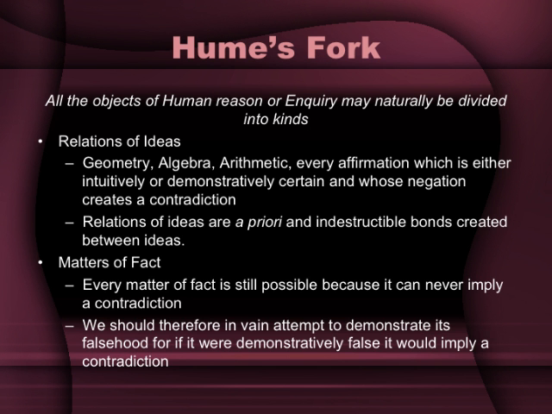So for this first part, Hume is doing nothing more than separating the way we reason, the way we think. The first type contains all the information inside of the argument itself.